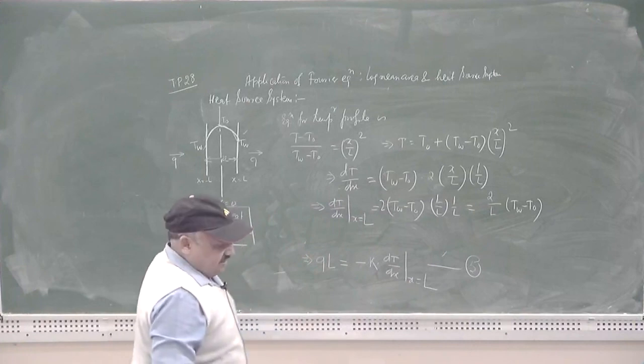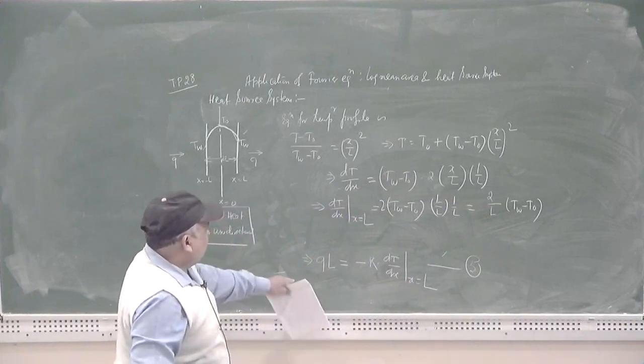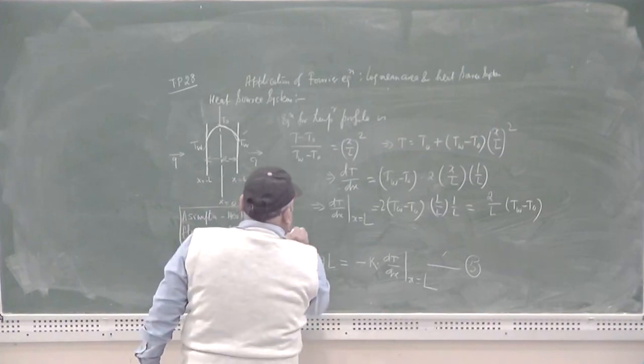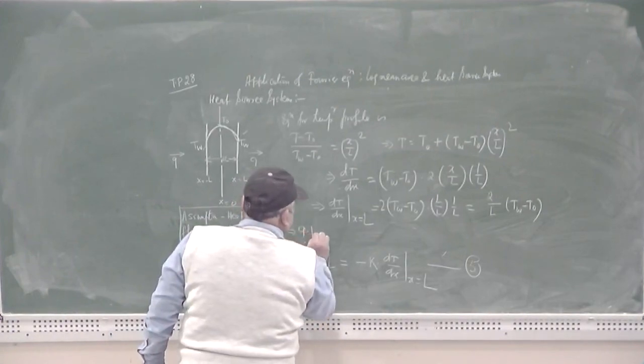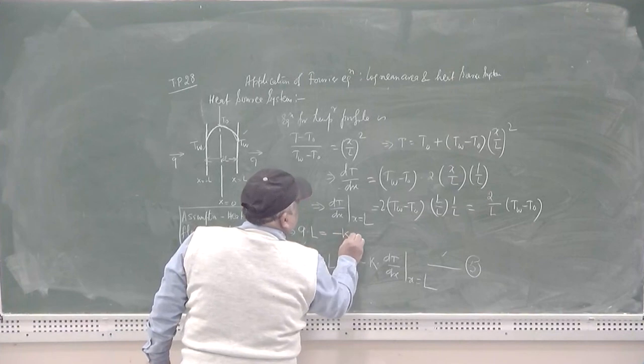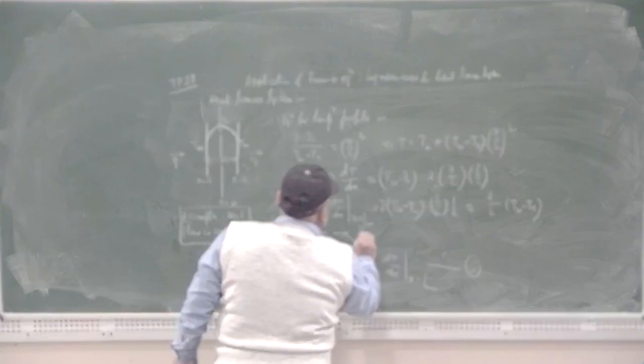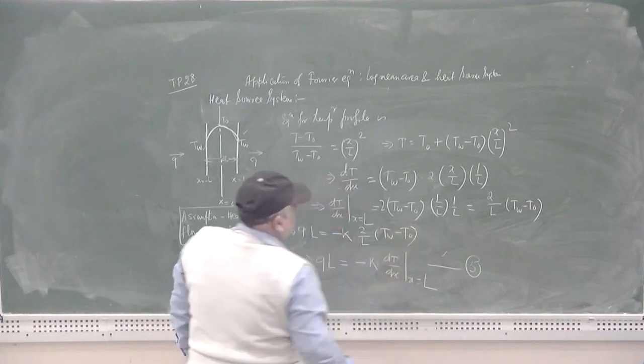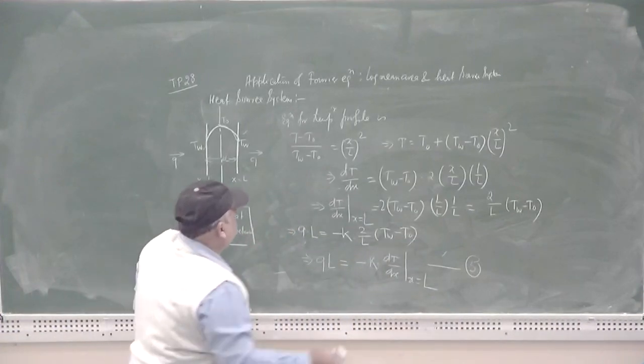So, equating these quantities in equation number 5, we can write q into L should be equal to minus K into 2 upon L into Tw minus T naught.